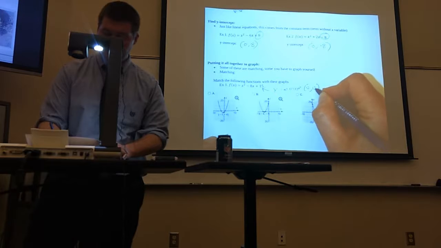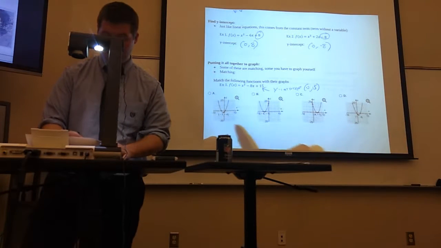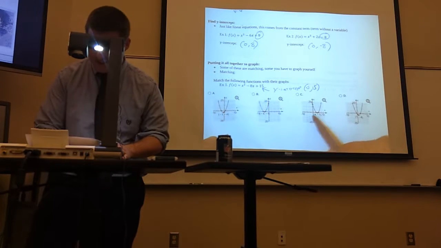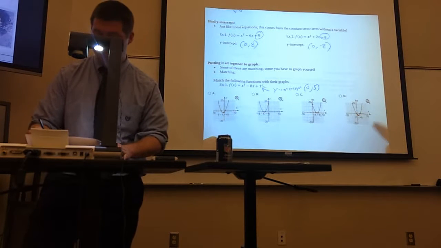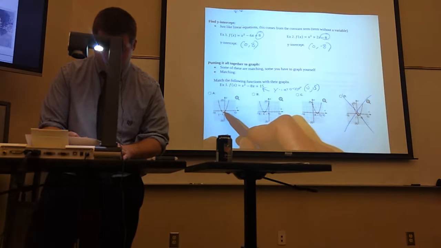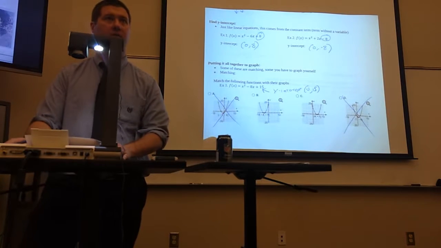So which one of these graphs does not have that intercept? Well, that one does have it, right? D, okay, yeah. So this one, it crosses down here. It looks like -1. So I know it's not that. Same thing here. It looks like it crosses at -1, so I know it's not that. So easy way to wipe out a couple of choices.